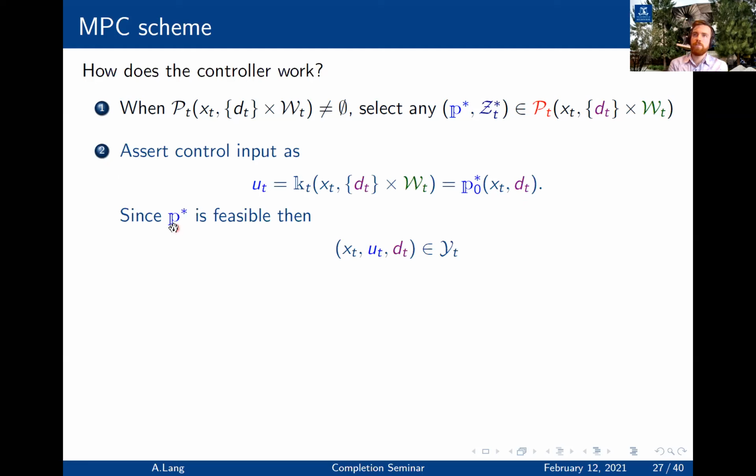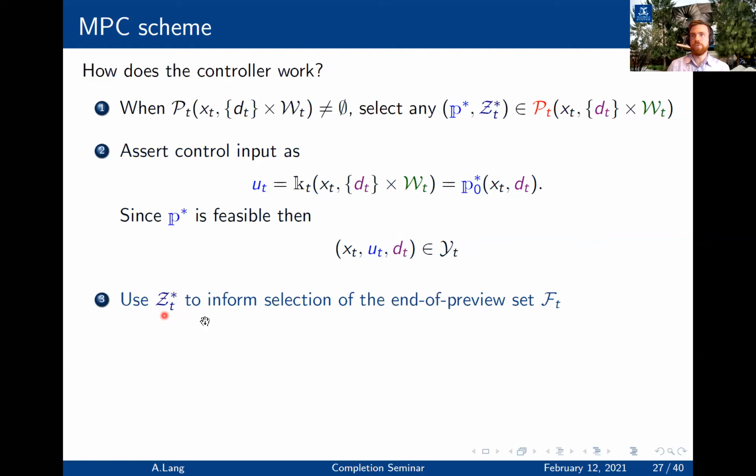And since this sequence of feedback policies was feasible, so it was from this set, and this set encoded constraints on the dynamics as well, then we're guaranteed that the current state and inputs will be inside the constraint set at the current time. We then use the selected terminal set to inform the selection of the end of preview set FT. And then lastly, we repeat this at each time instance.